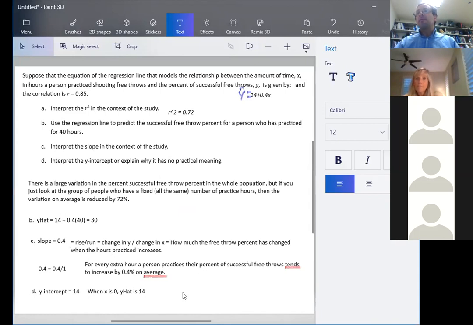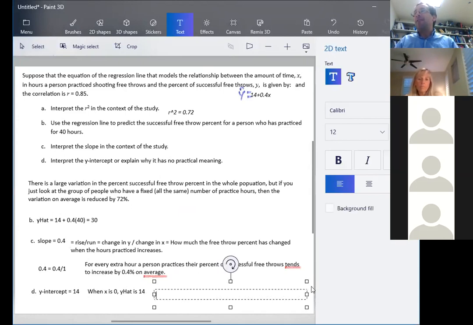Okay, so this time it does have meaning. Now we've got to write down the meaning. If x is 0, that means they've never practiced free throws in their lives.